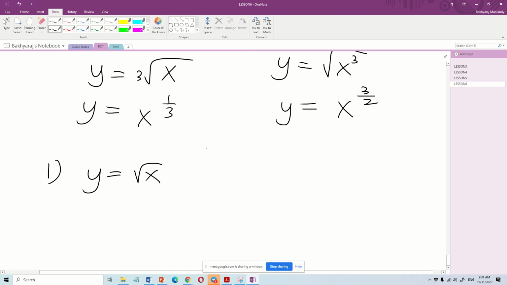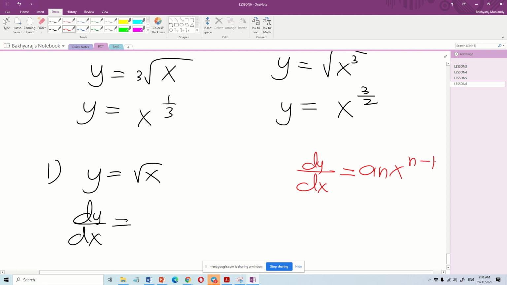What do I want to find? I want to find dy dx. Okay, what is the formula? Again, the formula is dy dx equals a n x power of n minus 1. So the formula is still the same. Nothing has changed.